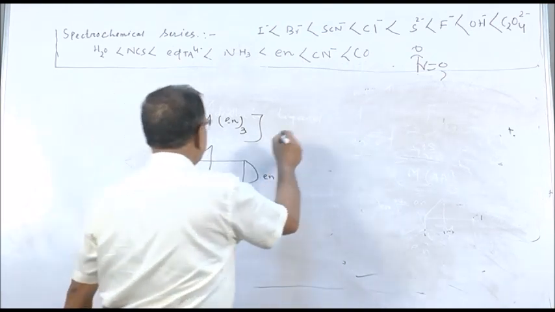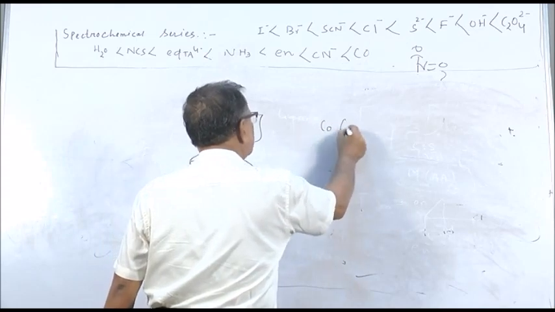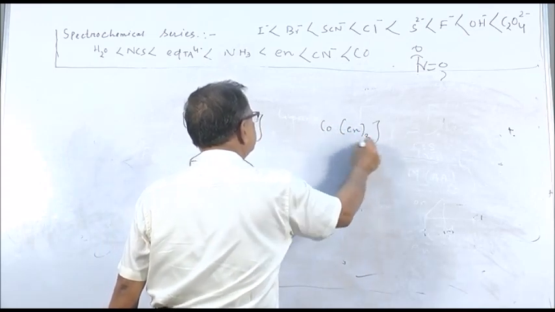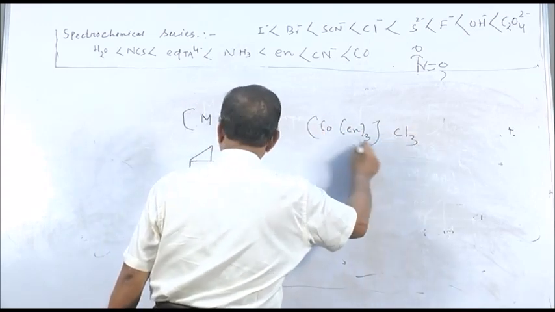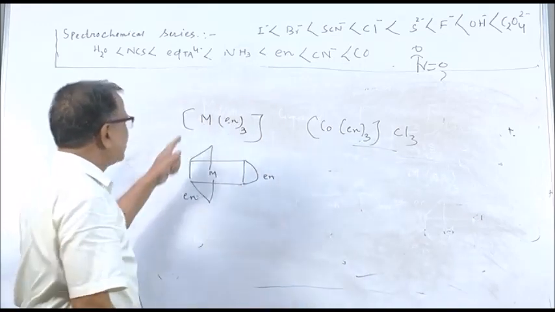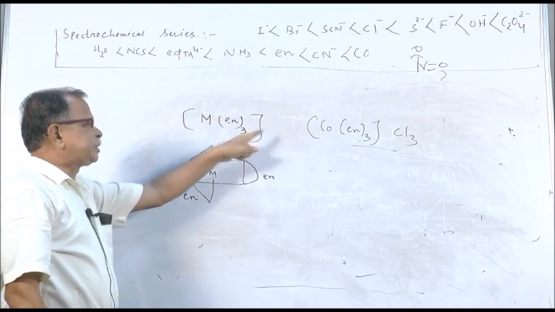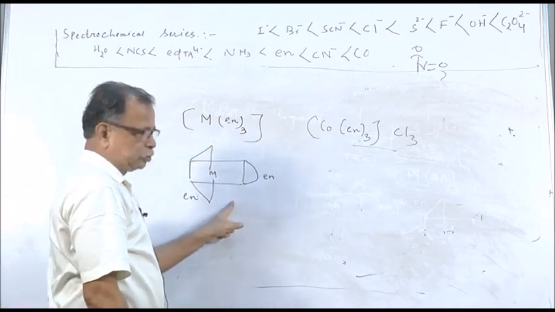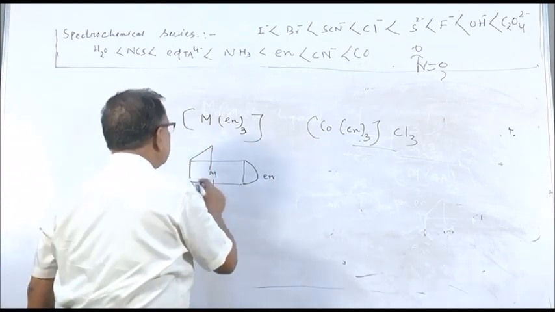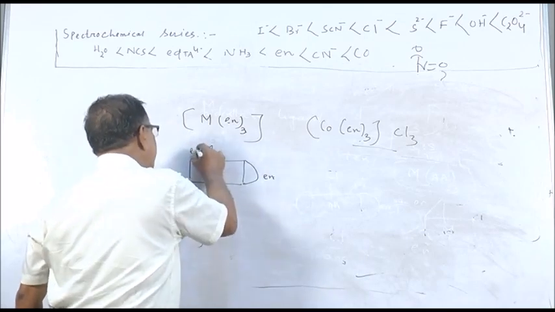Or the example is Co(en)3Cl3. First we will find out whether this compound gives geometrical isomer or not. M(en)3 type does not, but Co(en)2Cl2 gives geometrical isomers, because one is the cis form en, en, en.